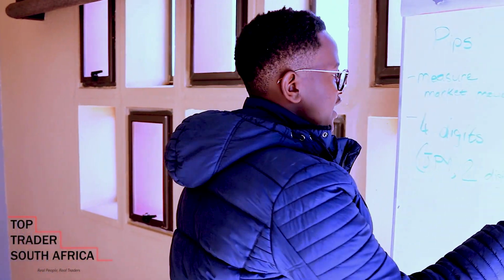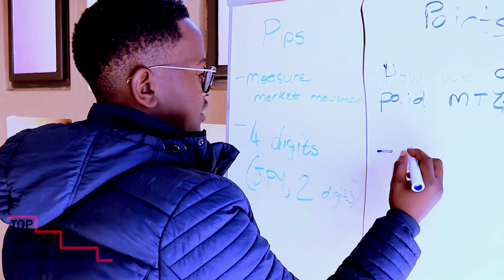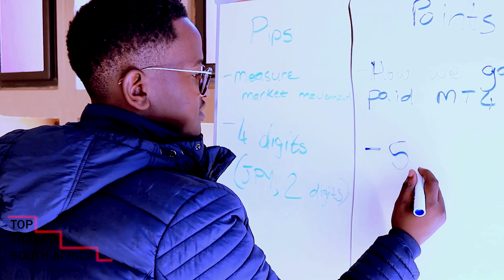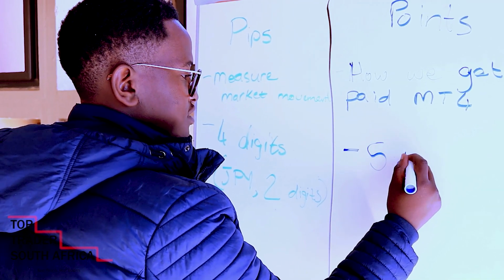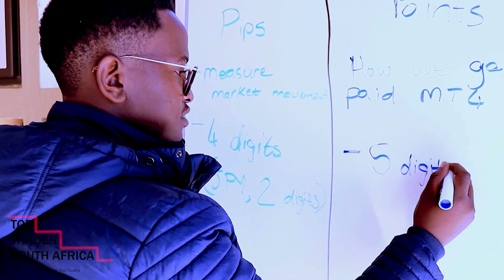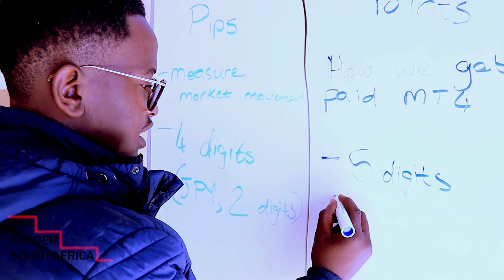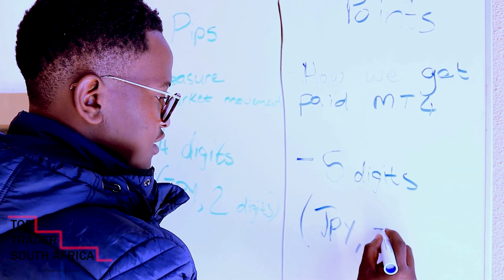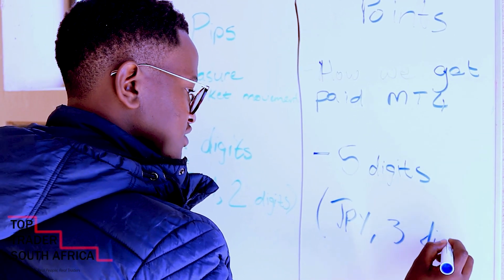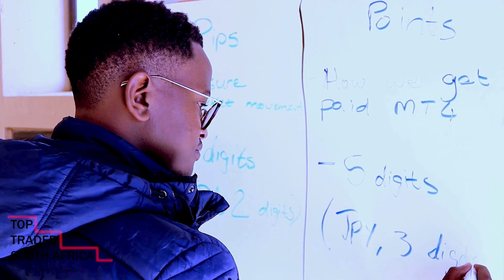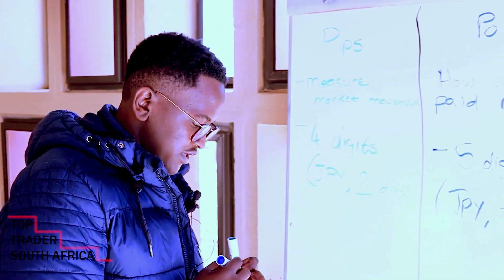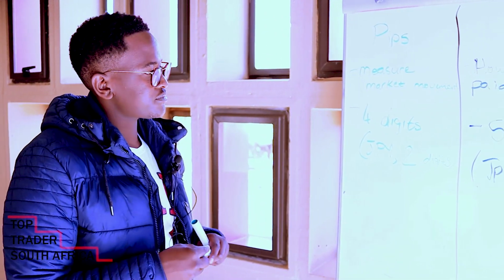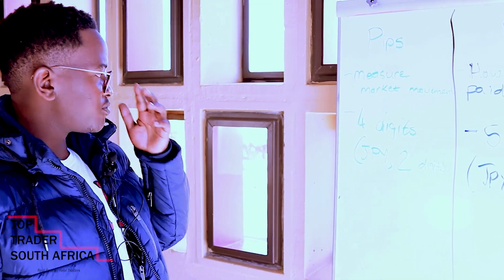Unlike this side, where it's 5 digits after the decimal, with JPY pairs again the exception, where it's 3 digits after the decimal place. So that's pips and points.